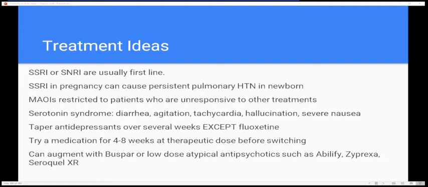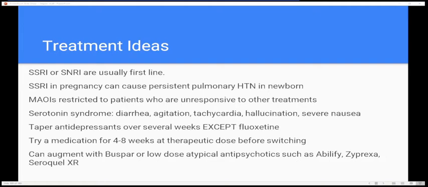SSRIs in pregnancy can cause persistent pulmonary hypertension in newborns. You kind of want to avoid those if they are pregnant. And there is a drug class called MAOIs, and they are restricted to patients who are unresponsive to other treatments. This is mostly because these drugs interact with a lot of other medications, and they can cause serotonin syndrome, which is diarrhea, agitation, tachycardia, hallucination, severe nausea.